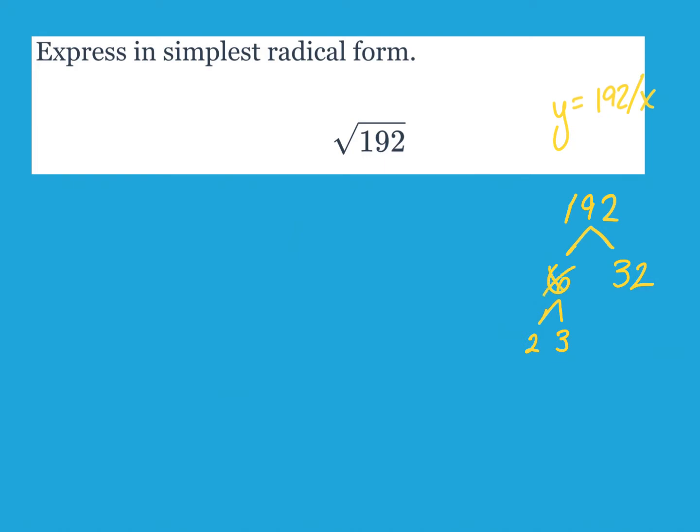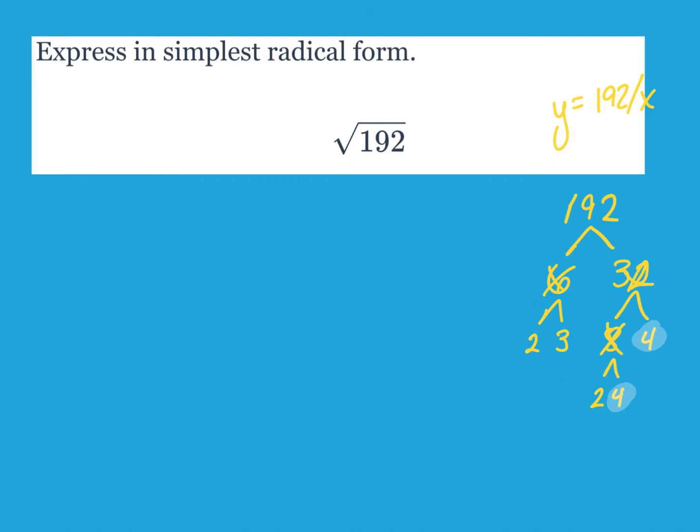6 is 2 times 3. 32 is 8 times 4, which is 2 times 4. Now I'm actually going to stop right here instead of breaking down these 4s. Remember, what we're trying to do is get numbers to pair out. And since my 4s are going to pair out just like they are, I'm going to leave that one alone.